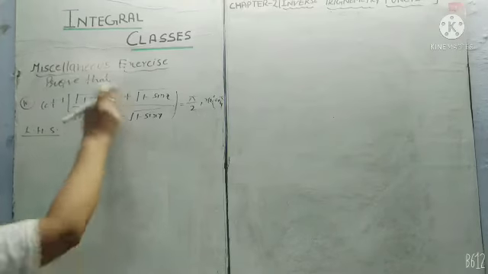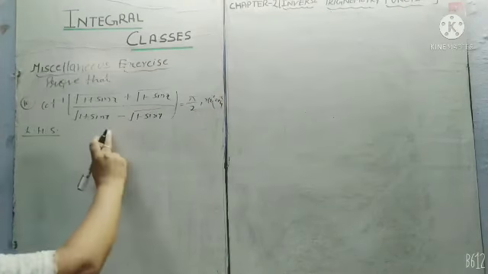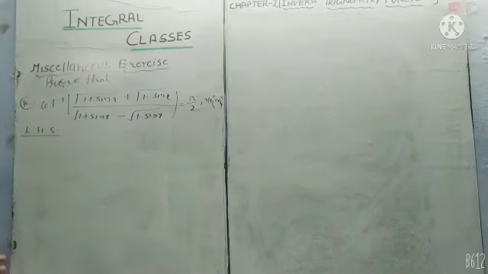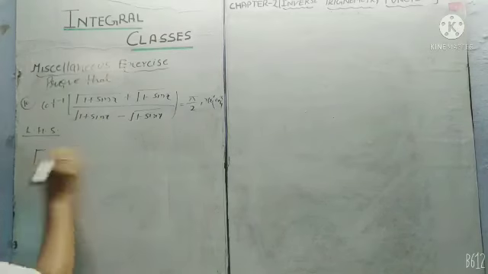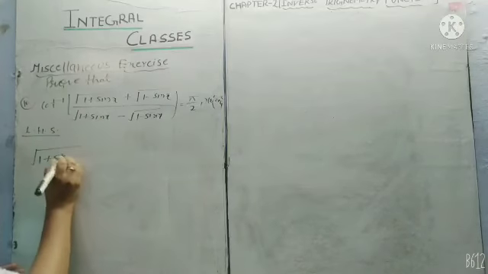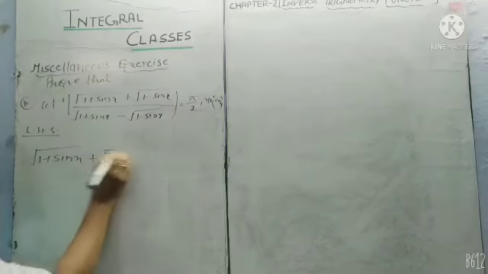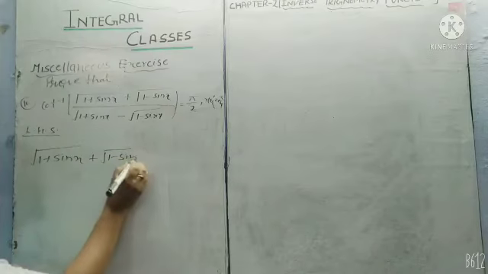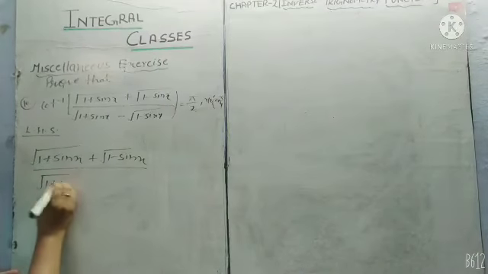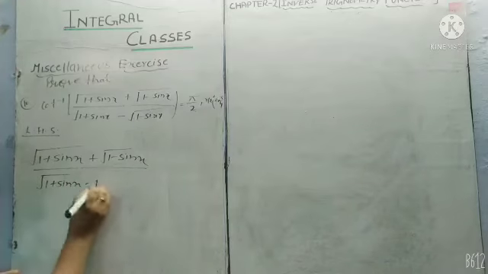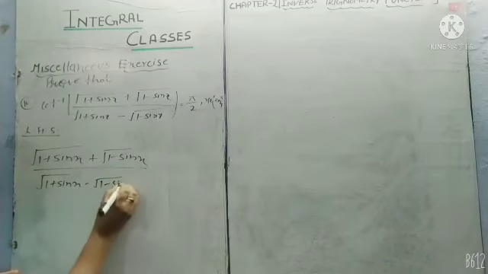So student, we know that this type of question is given in a root. So the denominator is in a root, first we will do rationalization. How can we rationalize it? 1 plus sin x plus 1 minus sin x upon 1 plus sin x minus 1 minus sin x.